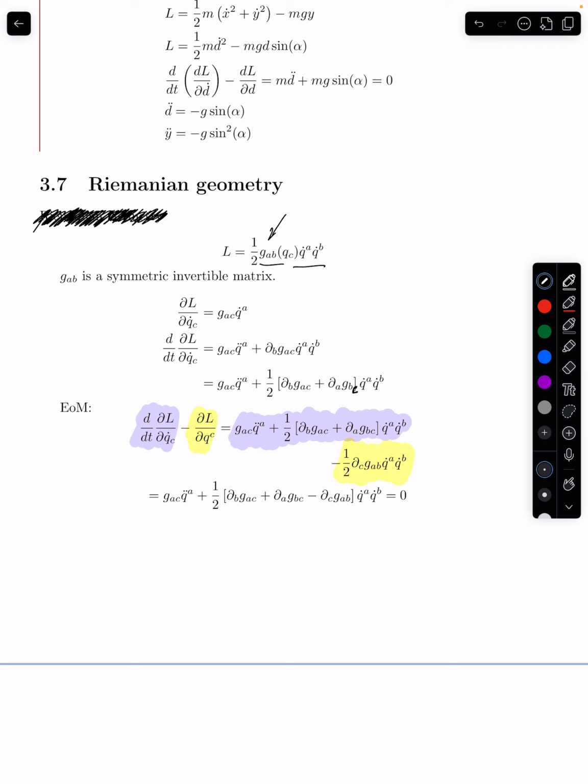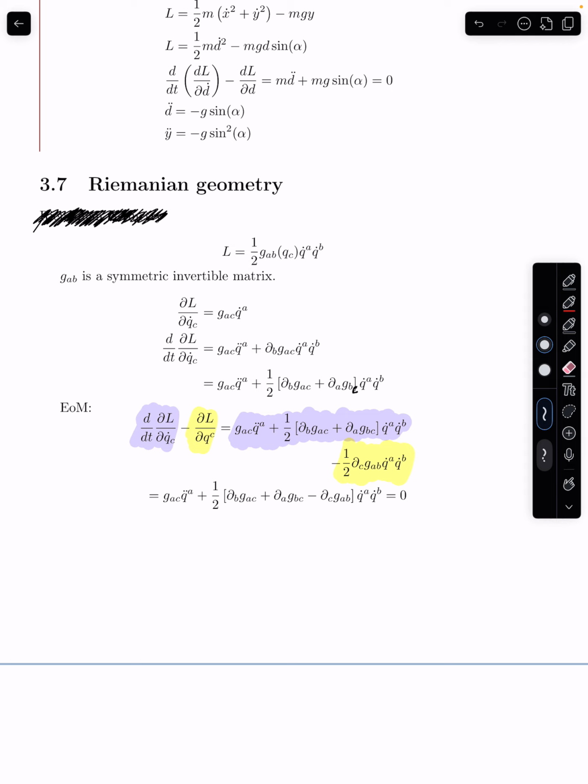We just write this equation as a collection of terms, but by all means, the summation with respect to a and b here is implied. Okay, this is just the most generic case where g_ab might be quite non-trivial. But by any means, this type of problem is just a more abstract form of what we did already before.